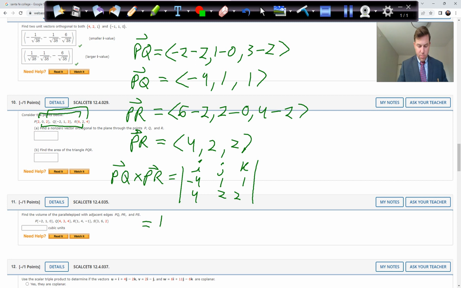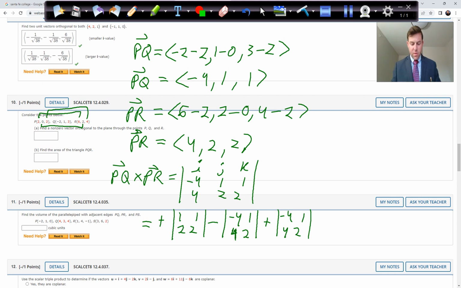So this is going to equal plus determinant minus determinant plus determinant. Cover up the I column, you would have 1, 1, 2, 2. Cover up the J column, you would have minus 4, 1, 4, 2. Cover up the K column, you would have minus 4, 1, 4, 2. Interesting that those are the exact same determinant. Let me make sure I didn't make a mistake.